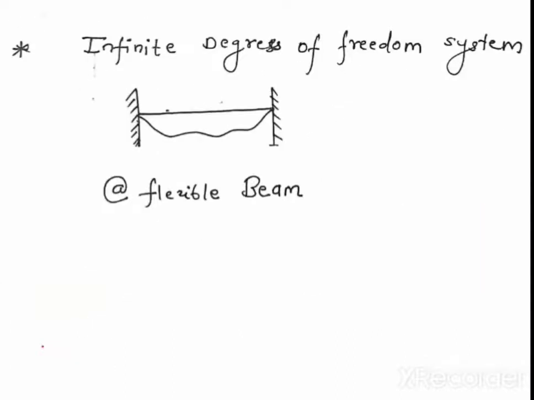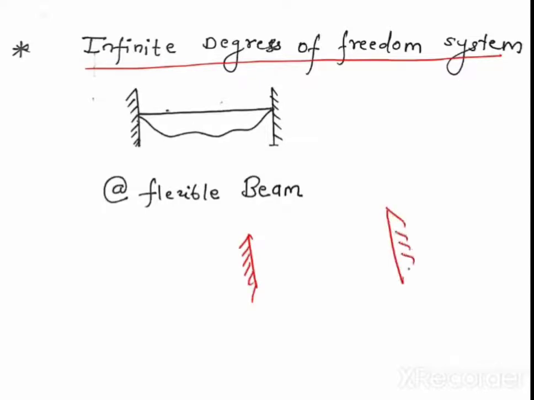Okay, next. Now this is an example of a flexible beam, and the last one is the infinite degrees of freedom system. Infinite degrees of freedom system means what? If you take an example of a flexible beam fixed between the two fixed ends, it can vibrate between the two fixed points with infinite degrees of freedom.